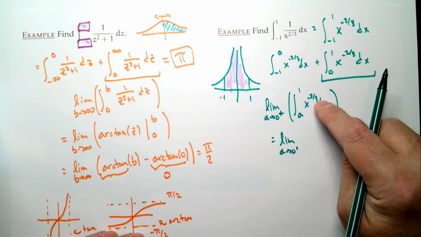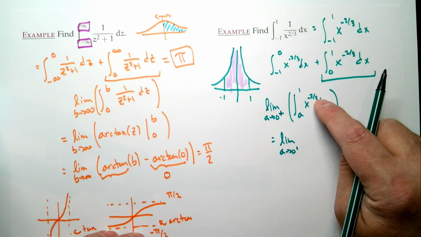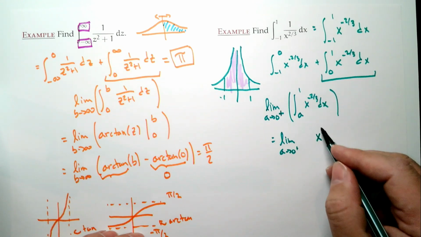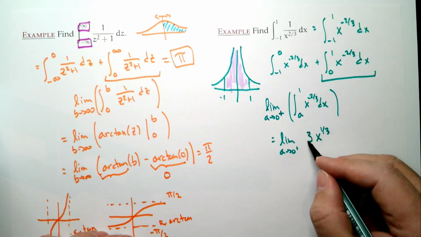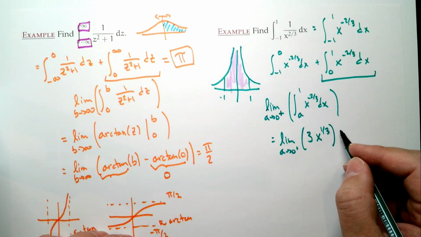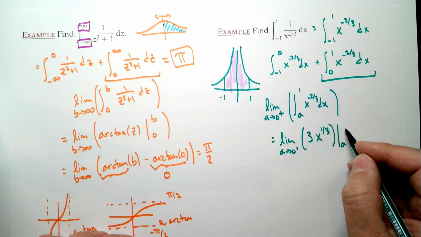So yeah, you add 1 to the exponent, negative 2/3 plus 1 would be x to the 1/3. Then you divide by 1/3, which is the same as multiplying by the reciprocal, which means multiplying by 3. So 3x to the 1/3, and we're going to evaluate that from a up to 1.